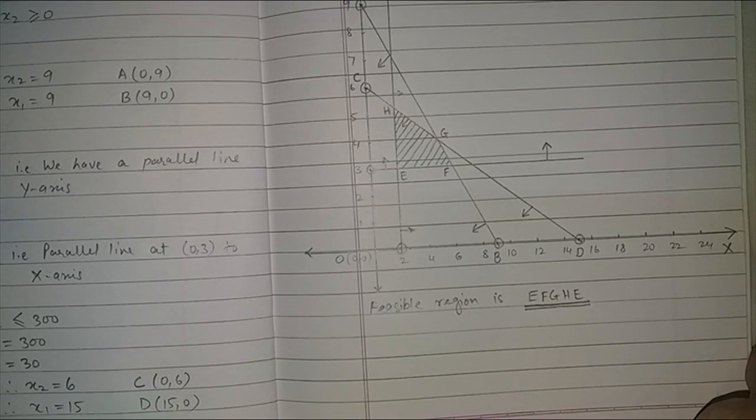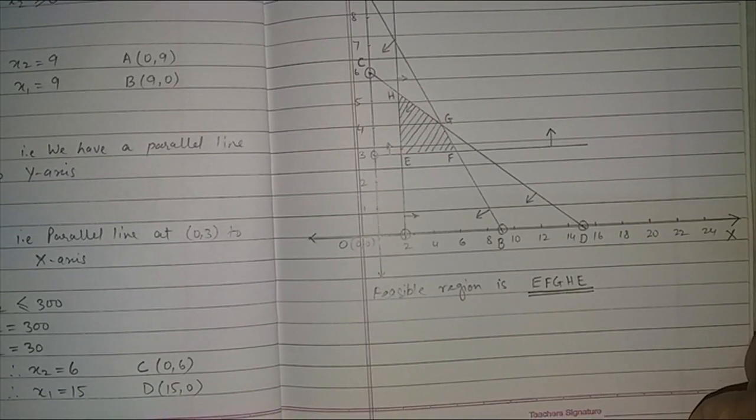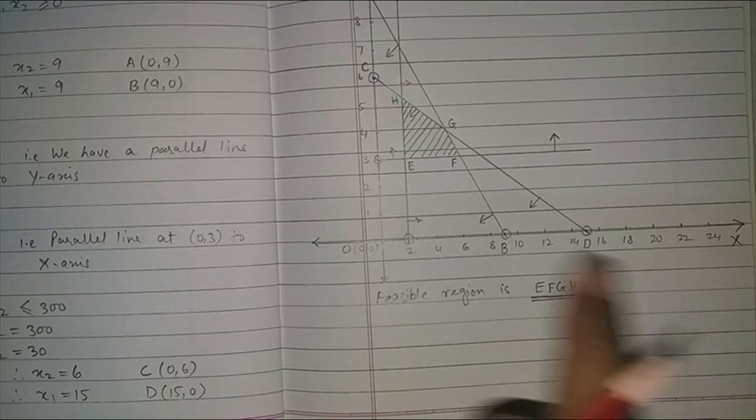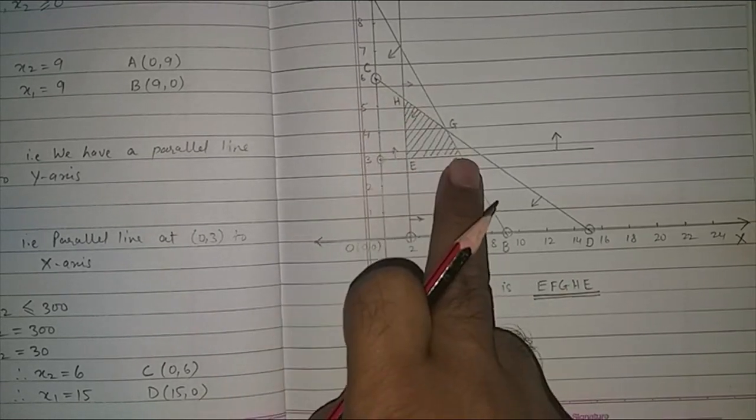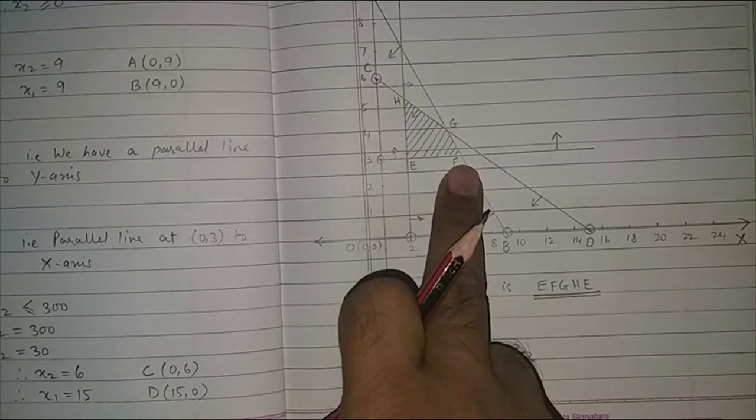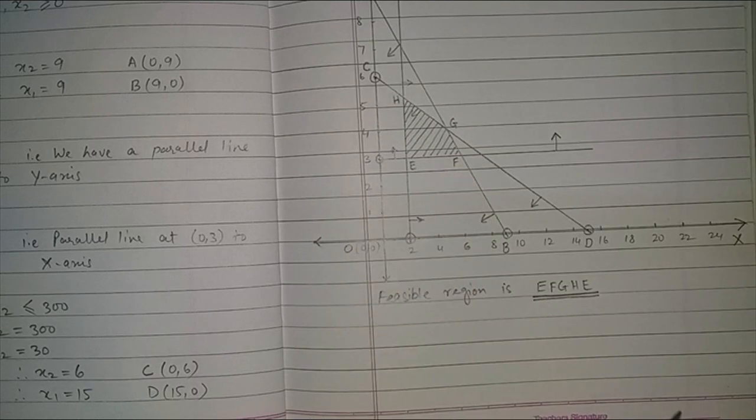Now once we get this feasible region, I need to use the values of these points and find the value of Z, and the one which is minimum will give me the optimum solution.